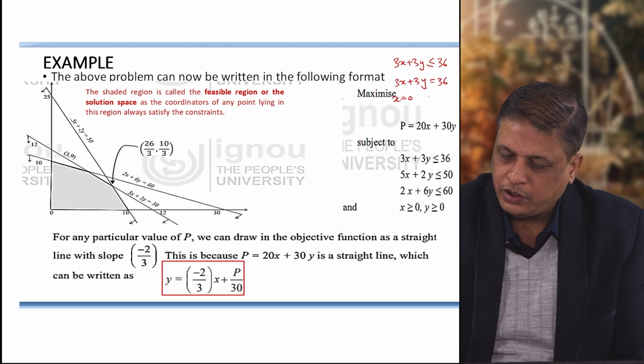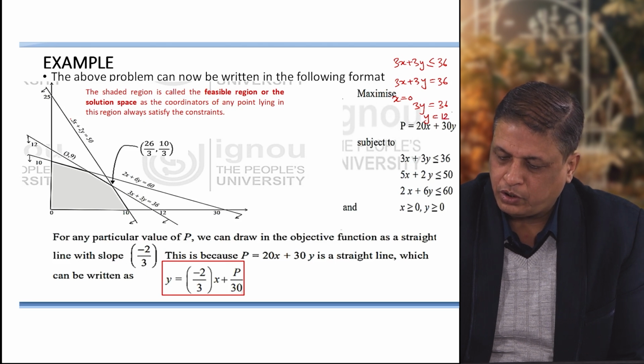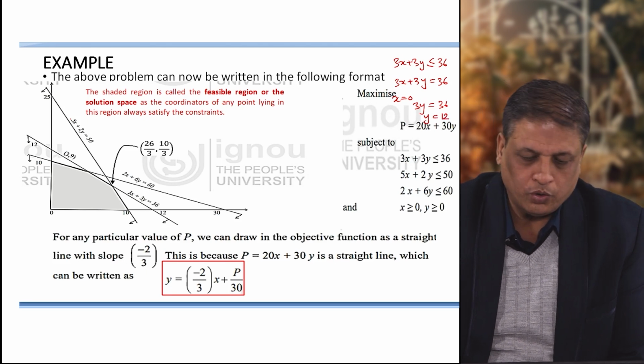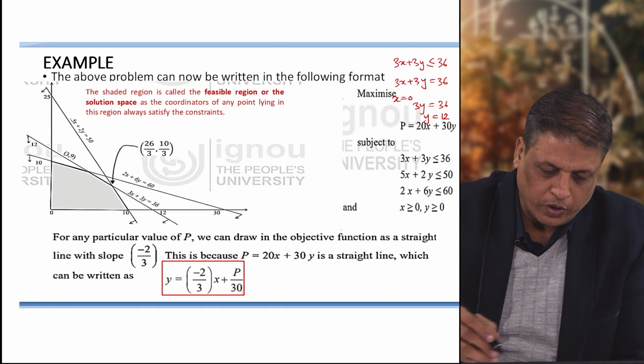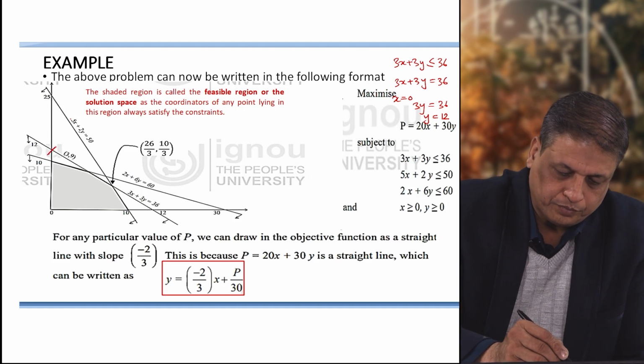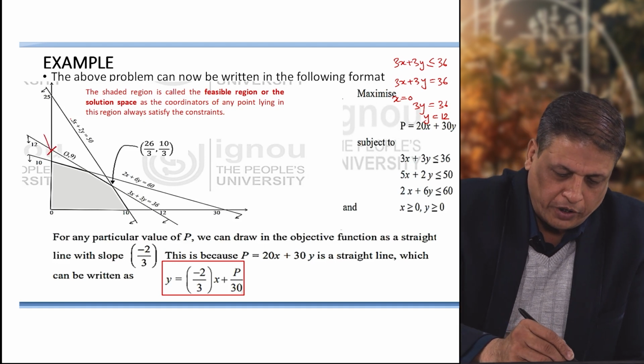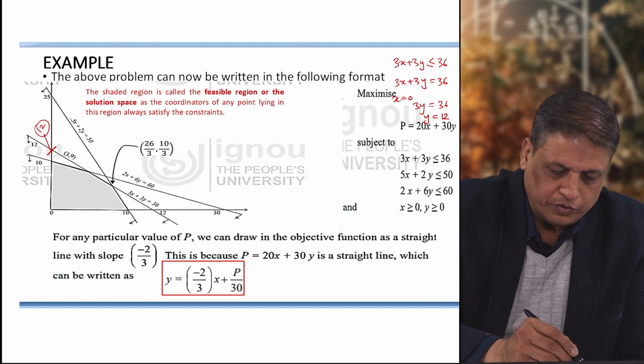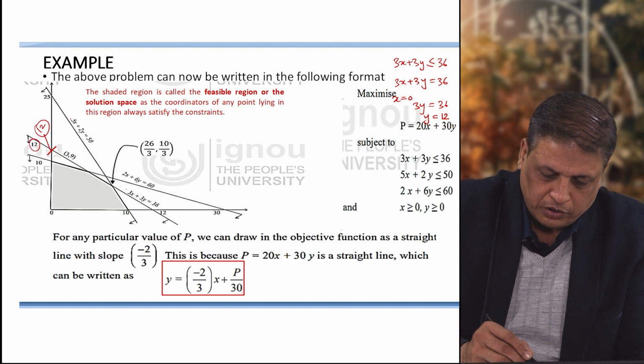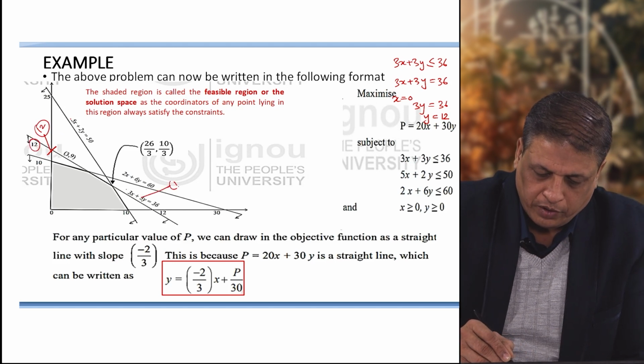Substituting x is equal to 0, you will get 3y is equal to 36, that means y is equal to 36 by 3, that is equal to 12. So the y intercept is 12, which is given over here, for equation number 1.